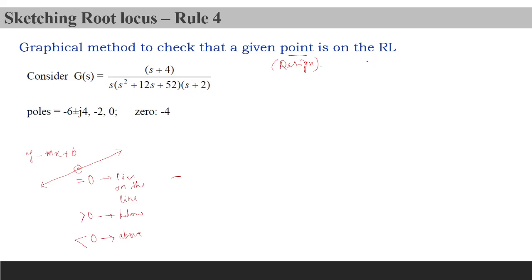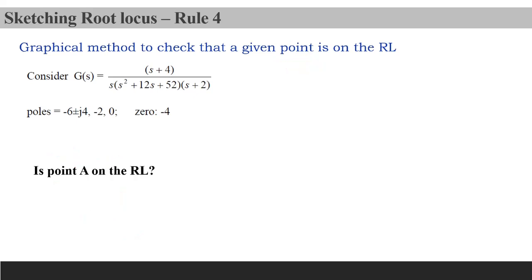So let's see how we can verify whether a point A lies on the root locus or not. We have to develop mathematical or analytical foundations for that. So let's begin. Consider this plant function, in which we have four poles and a zero.